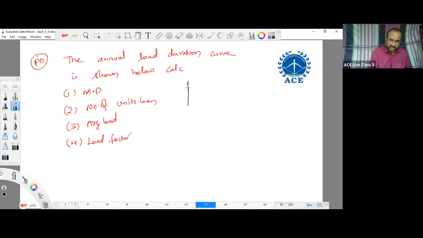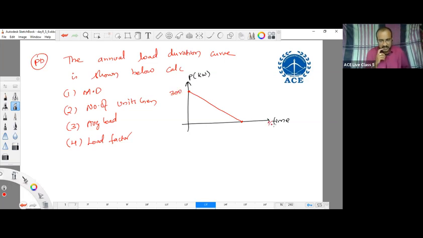So the load duration curve is given like this. It shows the variation of power with respect to time. Here power is given in kilowatts. This is 300 kilowatt and this is percentage of time. Annual load duration curve is given.